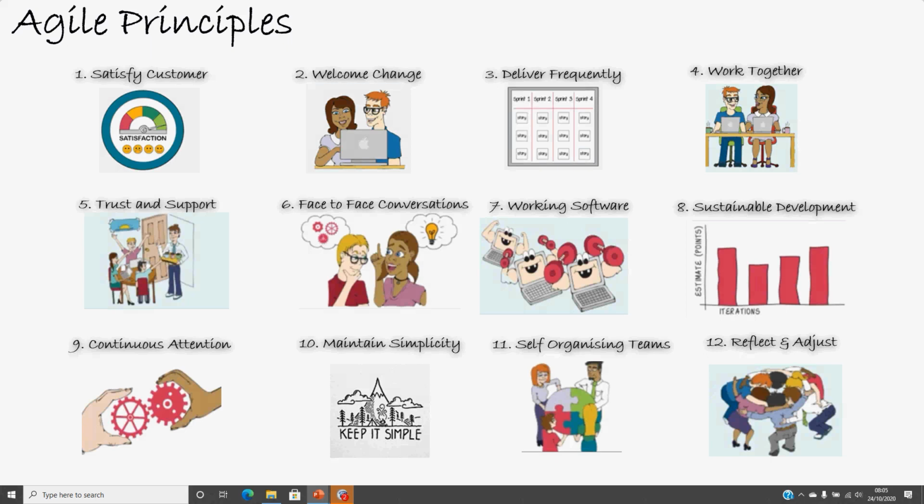Self-organized team. Self-organized teams is a concept given by agile as well, where the teams are empowered to pick and choose what they want to deliver in their sprints, and then they can decide how much time it's going to take rather than being told.